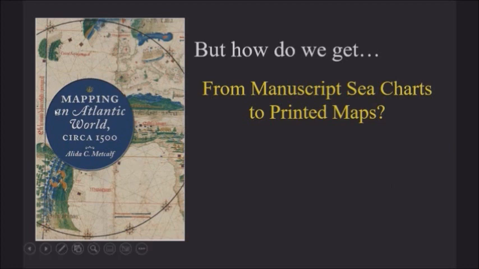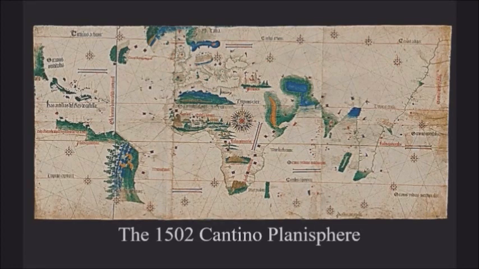But then the book editors probably said, well, you've got to use the word mapping because people don't know about charting. Mapping the world is a very interesting proposition because it starts to change the nature of our understanding. She reproduces her cover map from the 1502 Cantino Planisphere, which is a Portolan chart.